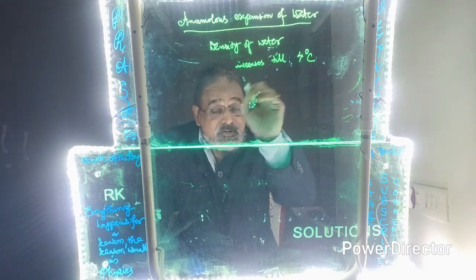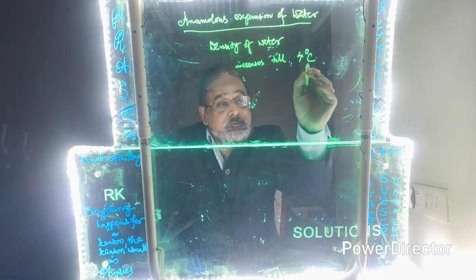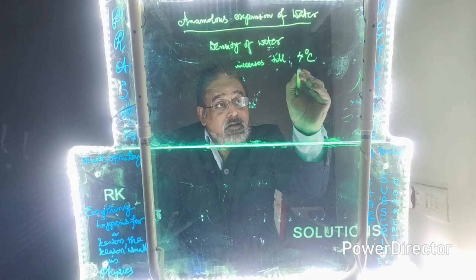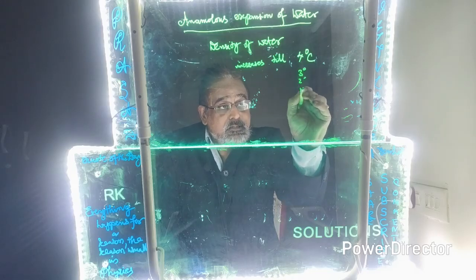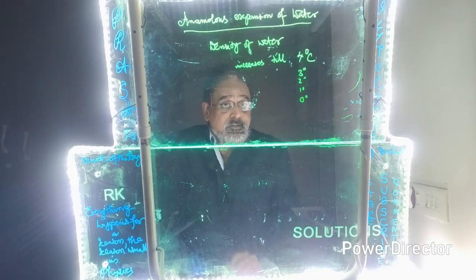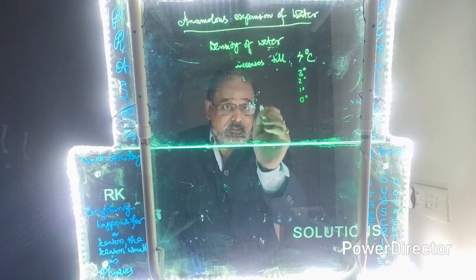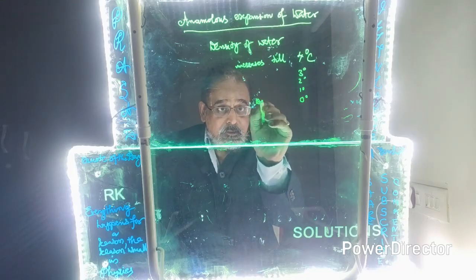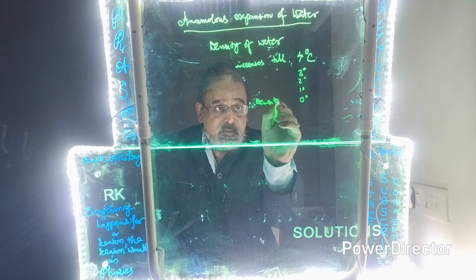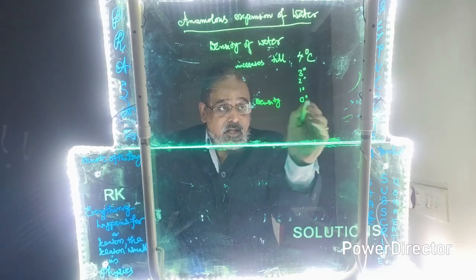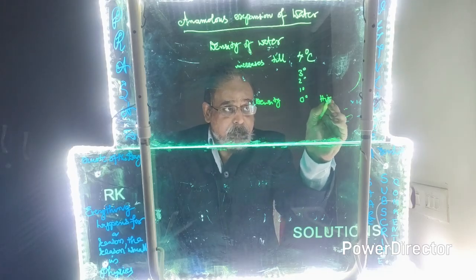If you cool it further, let's say 3 degrees, 2 degrees, 1 degree, 0 degrees, what you naturally expect is the density to be highest here.